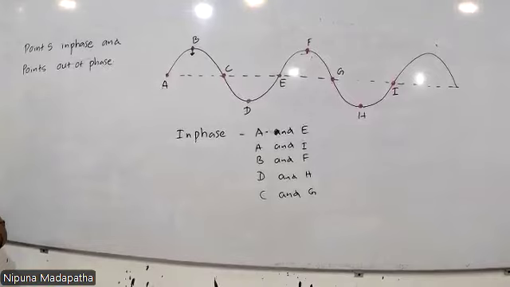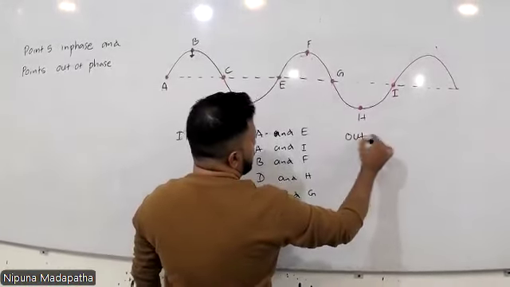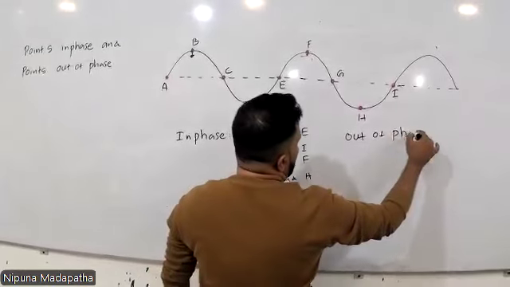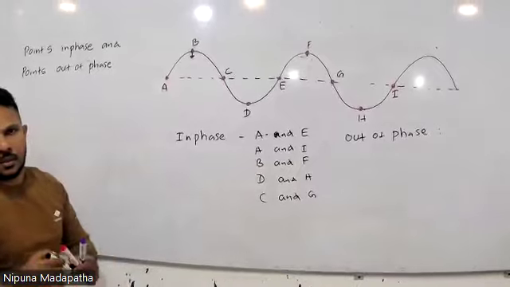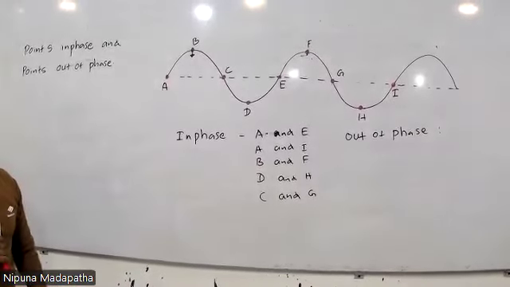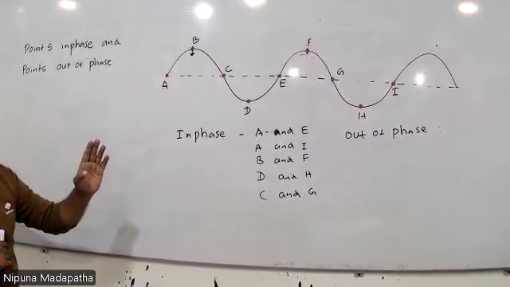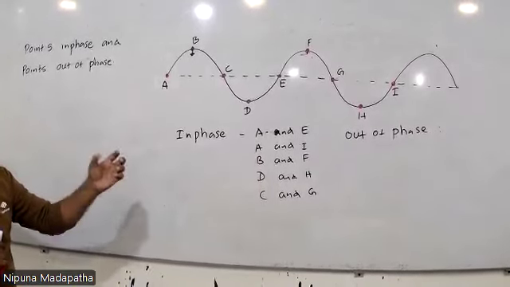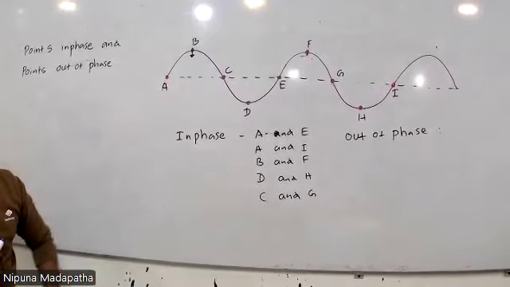So what are the points out of phase? Points out of phase have a phase difference of pi or an odd multiple of pi, like 3 pi, 5 pi, 7 pi. A and C, yes.